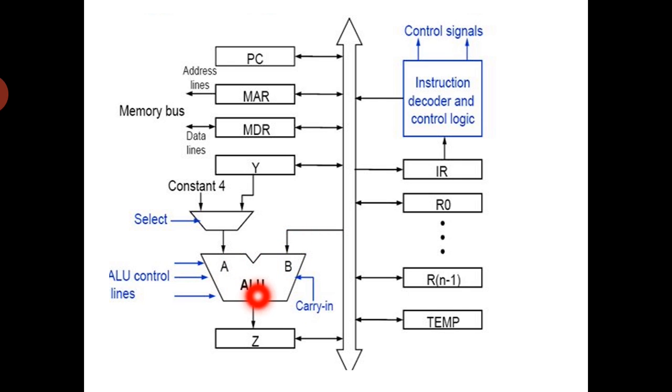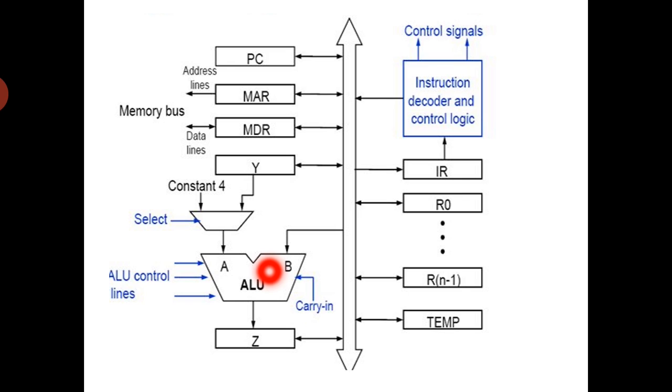So the ALU will get operand A from the two input multiplexer and operand B from the processor internal bus. After getting these operands A and B, the ALU will perform the operation according to the instruction which is stored in the instruction register.